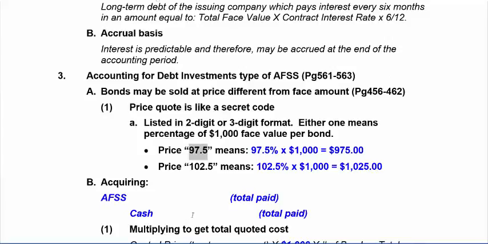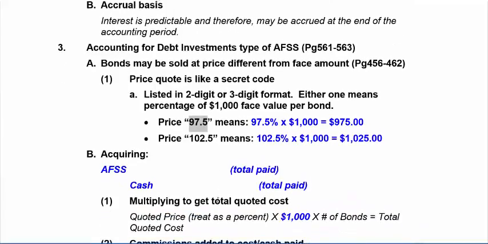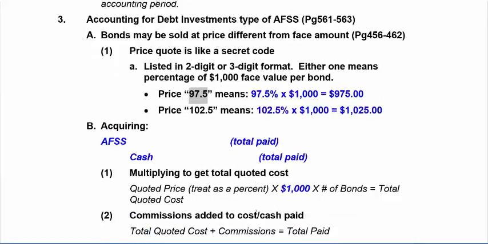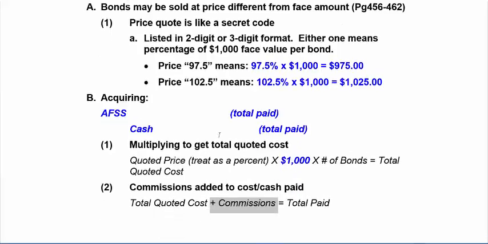Now if you get the elements that tell you what the purchase was and you don't get a flat amount given to you, then you have to get the quoted price, which we see above how it's stated, either 3-digit or 4-digit, and multiply that as a percent times $1,000 times however many bonds you bought. That'll be your total quoted cost. Then you add commissions, if there are commissions on the purchase, and that would be the total that you use in the journal entry.